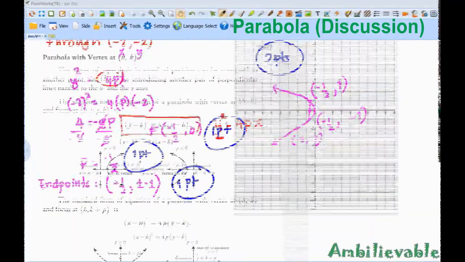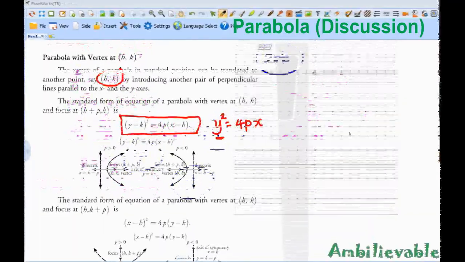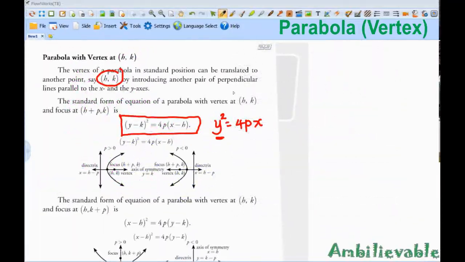Okay, once again, parabola with vertex (h, k). So we have the equation (y minus k) squared equals 4p(x minus h), where if the value of p is bigger than 0, it opens to the right, and if it is less than 0, it opens to the left. Okay?